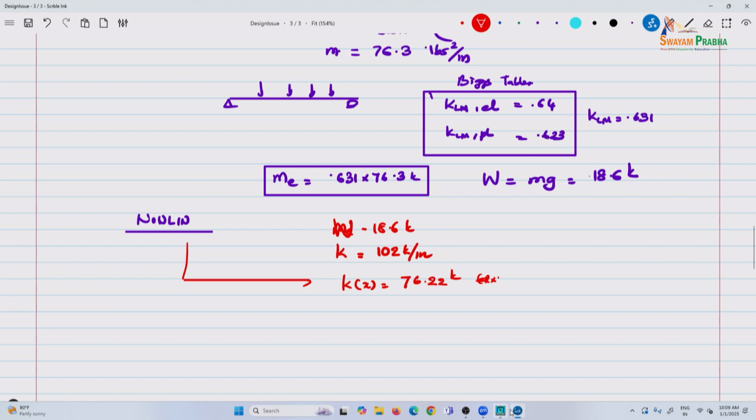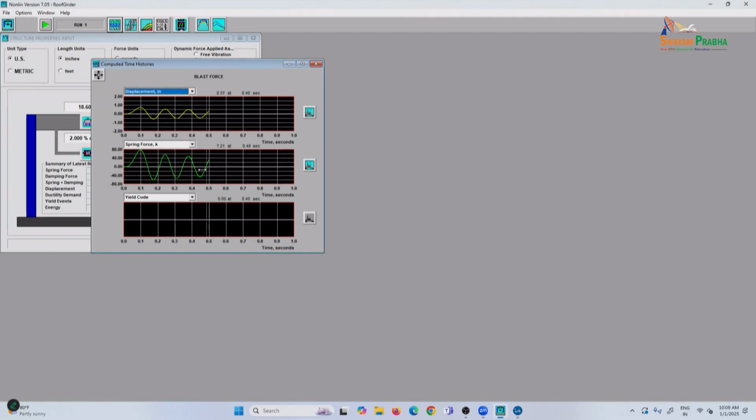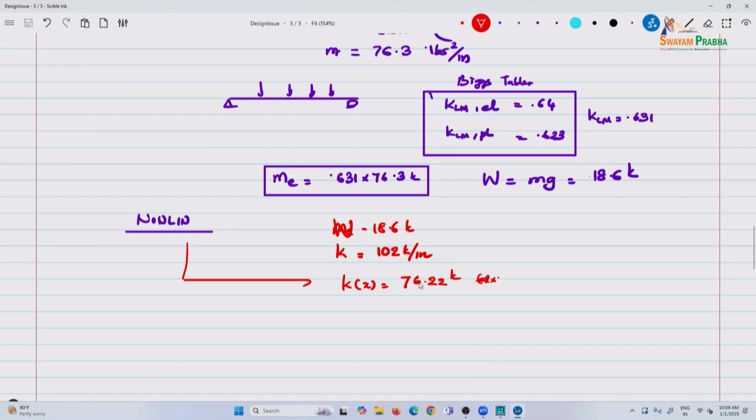If you see further on, this is at about 100 milliseconds. So, 76 point or 70, actually 78 something. So, let us say about 78 at 100 milliseconds.